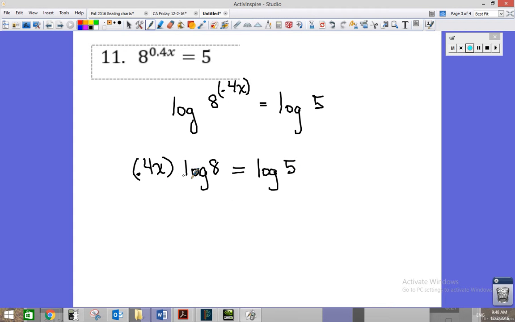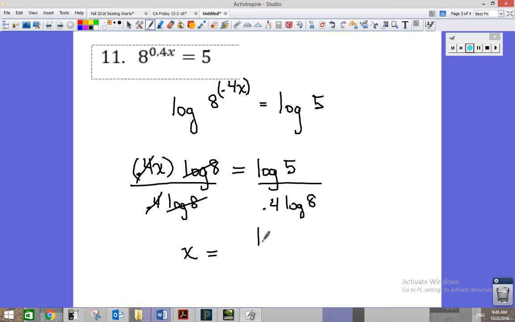So to get the x by itself, since this is all multiplication, I need to divide both sides by 0.4 log of 8. And so 0.4 divided by 0.4 is 1, and log of 8 divided by log of 8 is 1. And so I have that x is equal to this common log of 5, and in the denominator I have 0.4 times the log of 8.